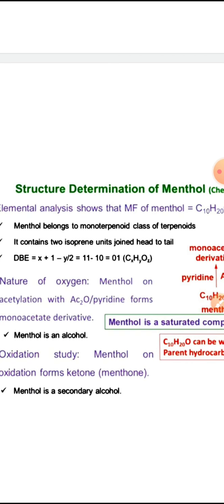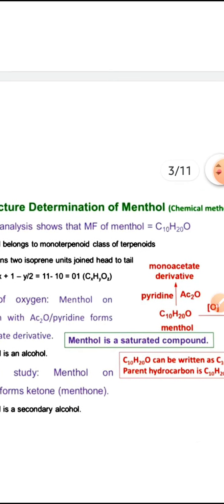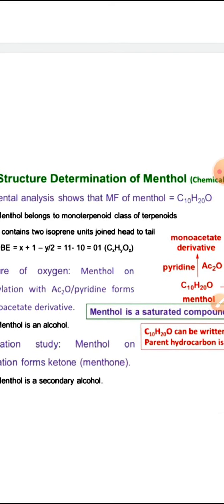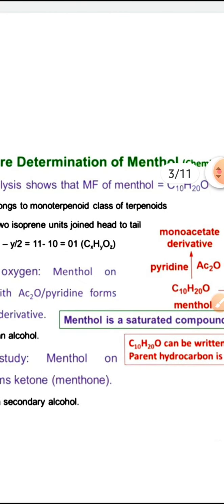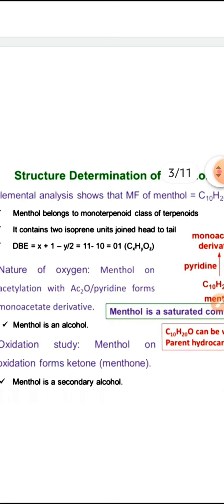When carbon and hydrogen are estimated, the molecular formula of menthol is found to be C10H20O. This molecular formula contains 10 carbon atoms. Therefore, it belongs to the monoterpenoid class of terpenoids, and it contains 2 isoprene units joined by head to tail linkage. So we get a broad idea just by counting the number of carbon atoms in the molecular formula of menthol.